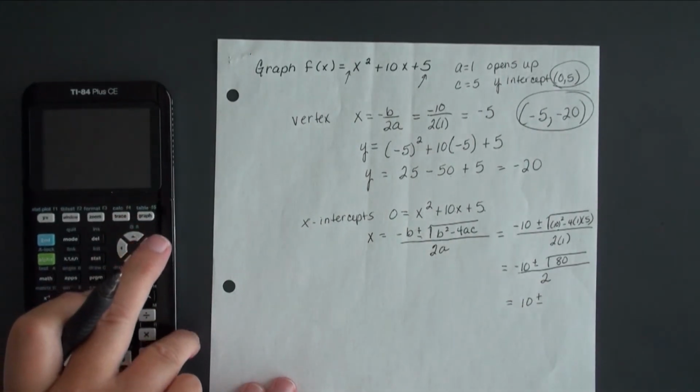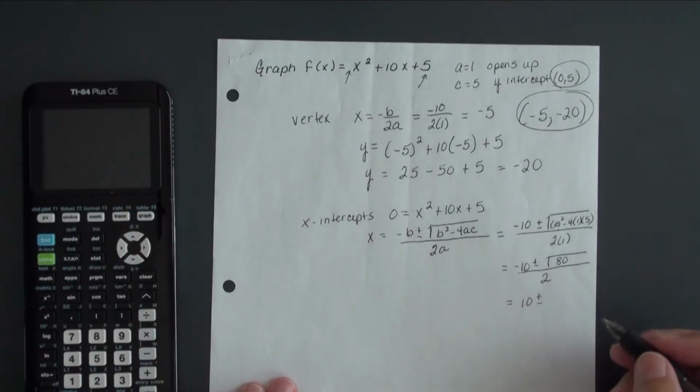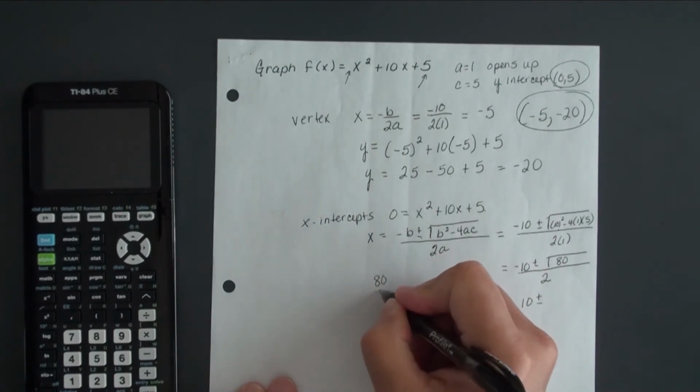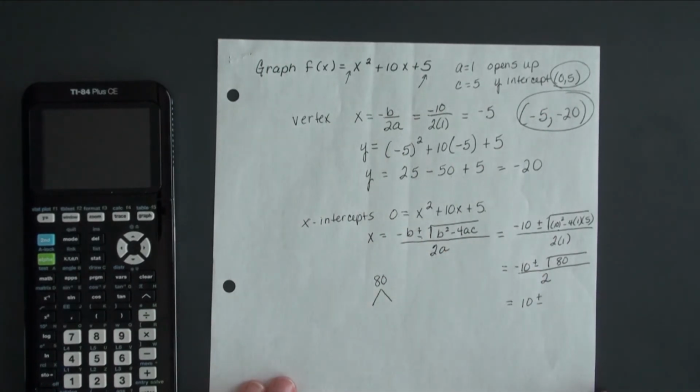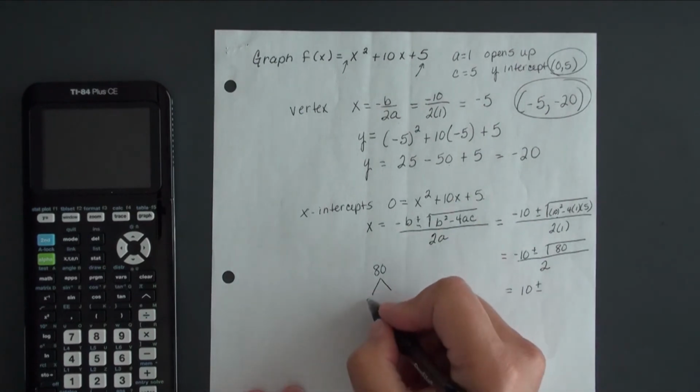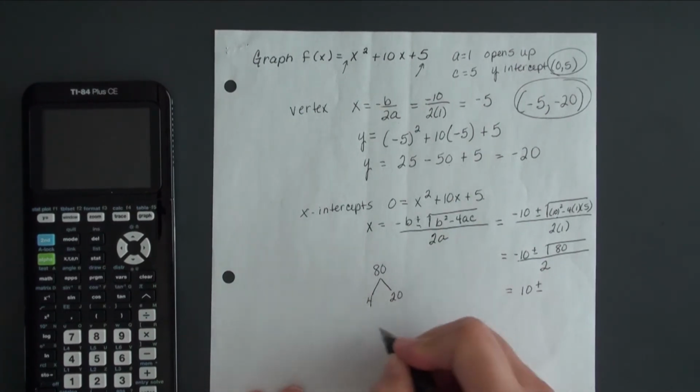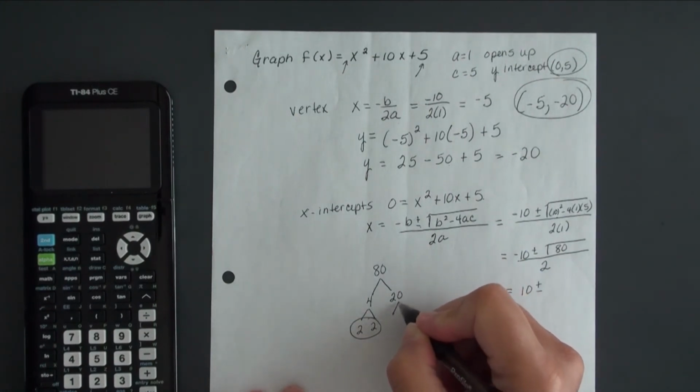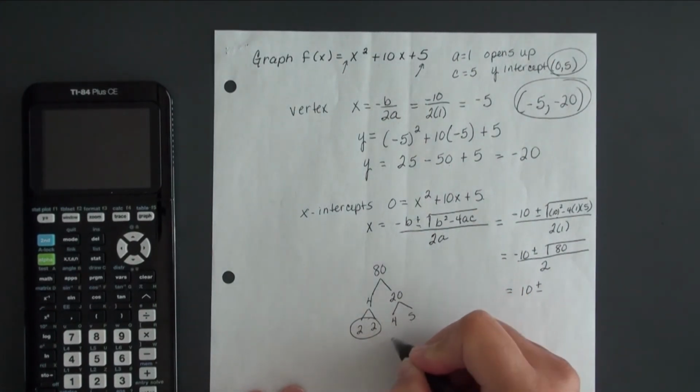And I know that I need to simplify the square root of 80. I'll just go the tree route. I know that 80 is 4 times 20, and 4 will break down to 2 times 2, so there's a pair. 20 is 4 times 5, and those break down into pairs.